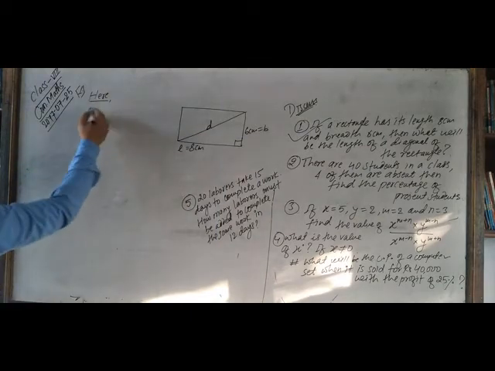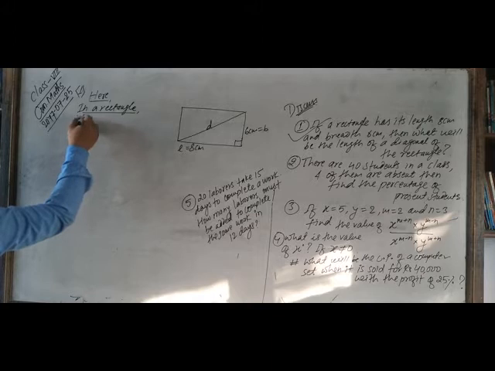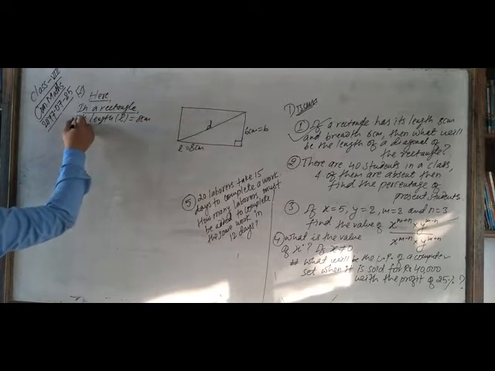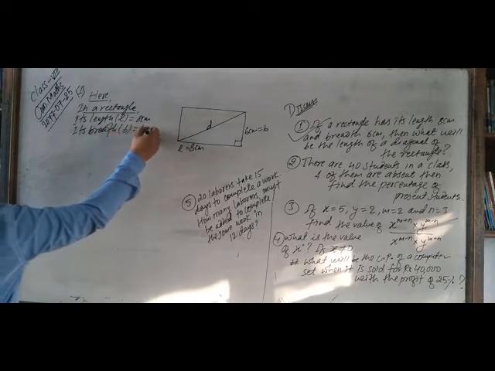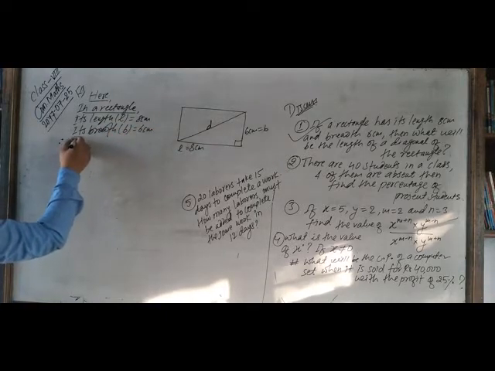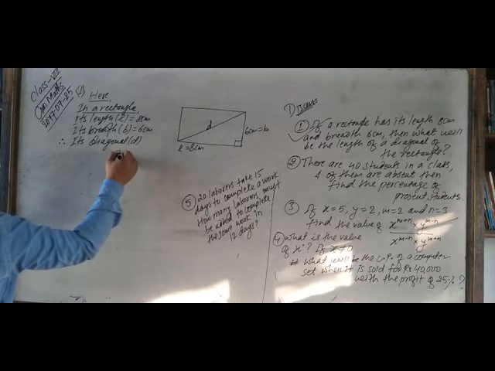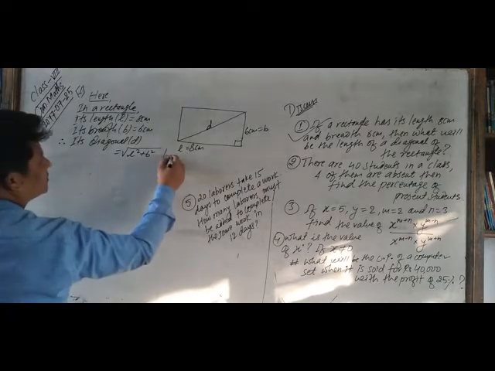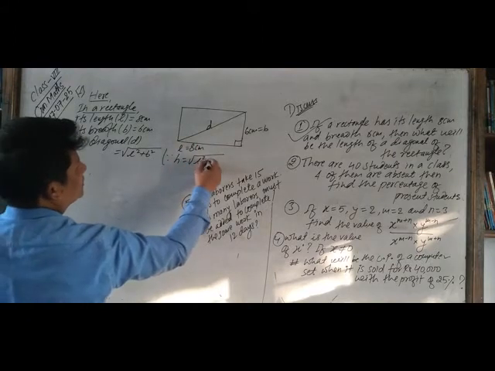Have a look here. In a rectangle, its length L is given 8 cm, its breadth B is given 6 cm. Therefore we have to find its diagonal D, which equals the square root of L square plus B square, because the diagonal is the hypotenuse.